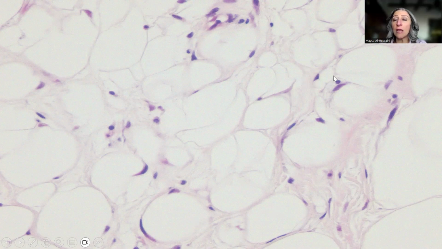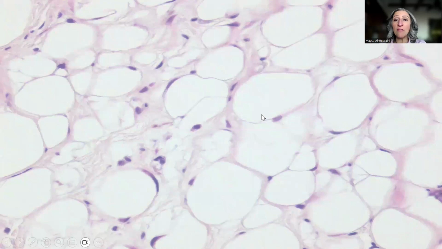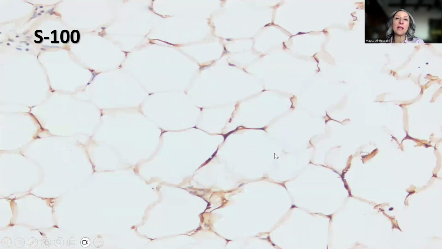This is another lipoblast where the nucleus is being indented by two adjacent small vacuoles. Again, another focus. Look at the hyperchromasia here, some lipoblasts here, hyperchromasia here, some stromal cells, and again, the appreciation of the pleomorphic nuclei that is seen in this high power magnification.